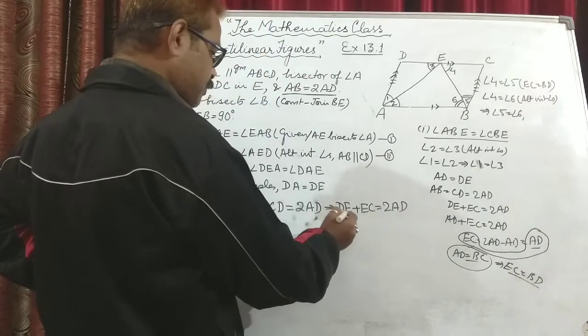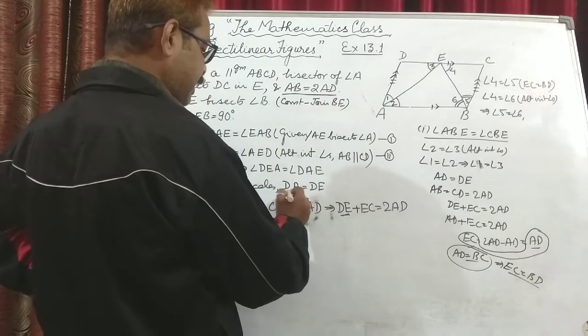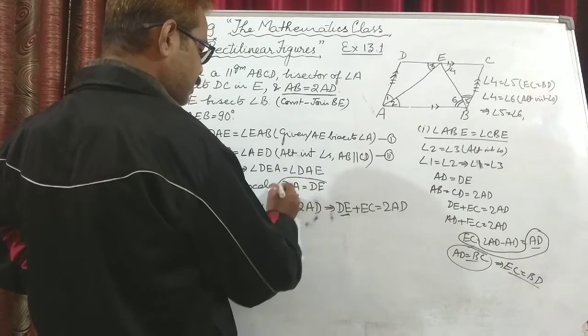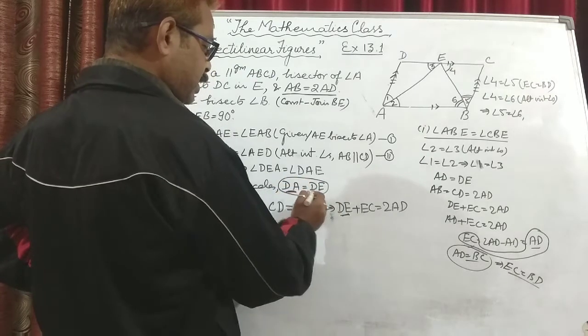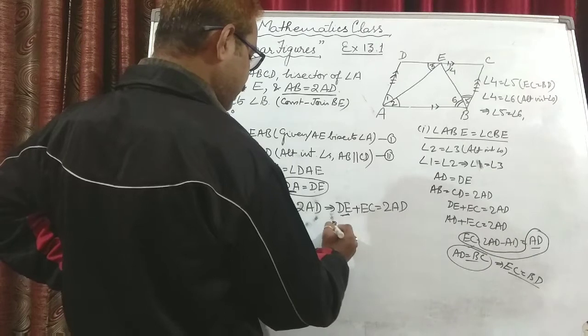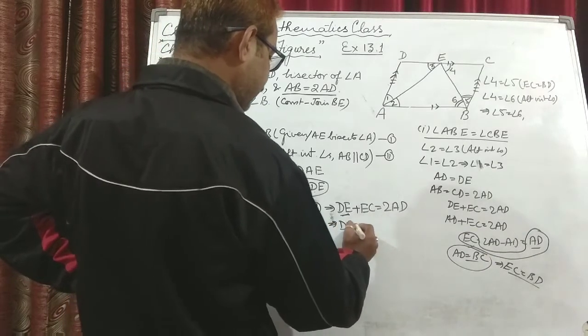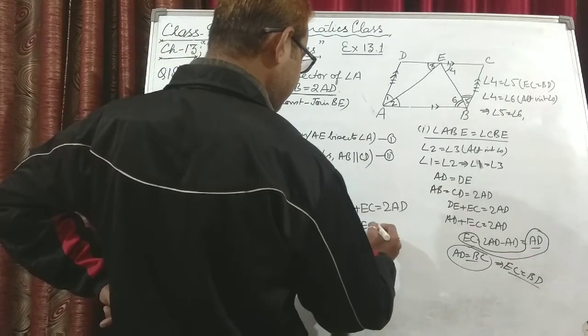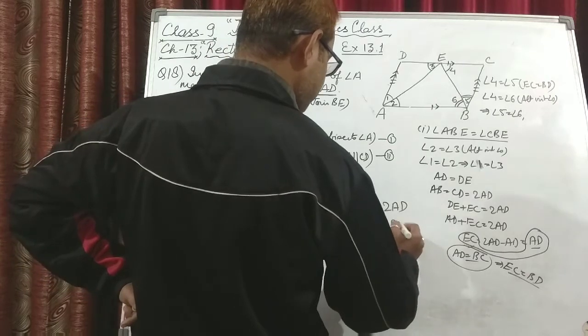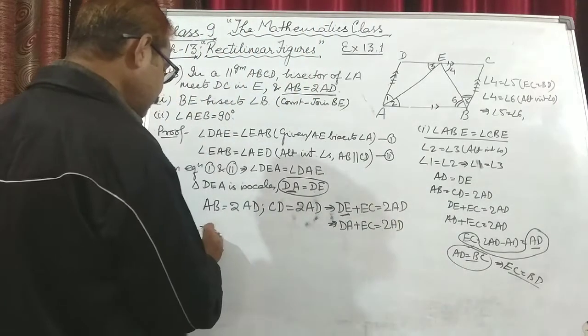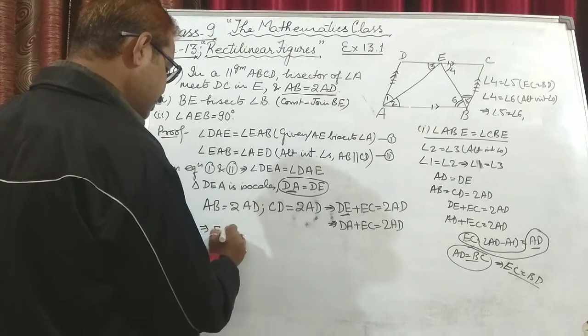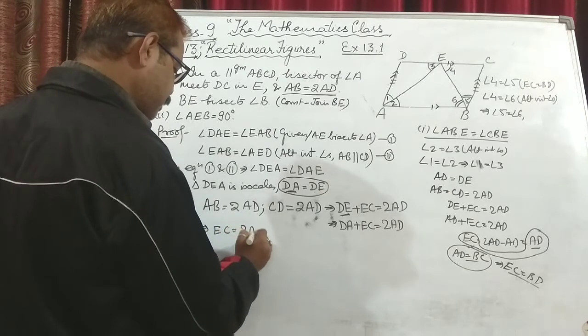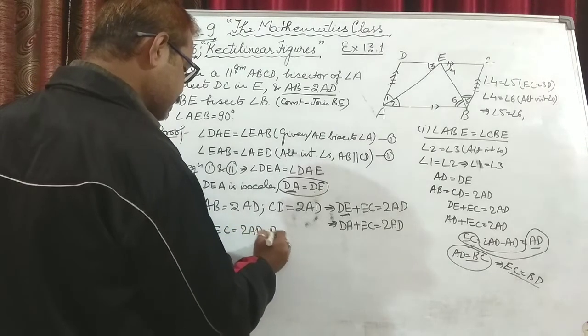Now in place of DE, we can put AD or DA, because we have proved that DA is equal to DE. In place of DE, we are writing AD plus EC is equal to 2 times AD, which implies that EC is equal to 2 times AD minus AD.